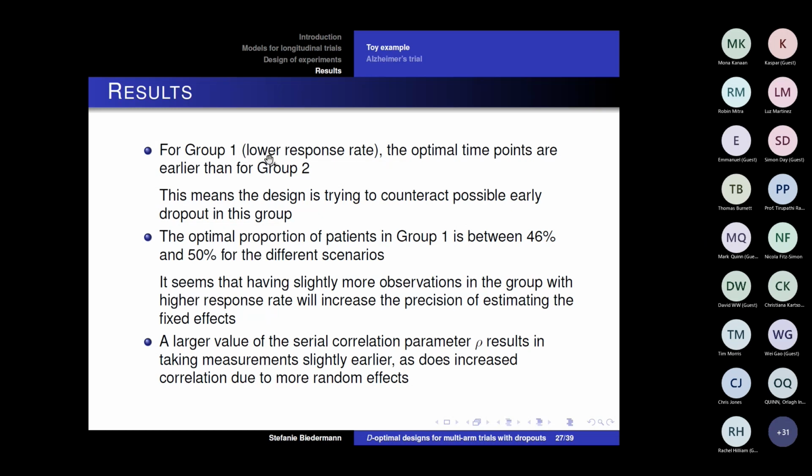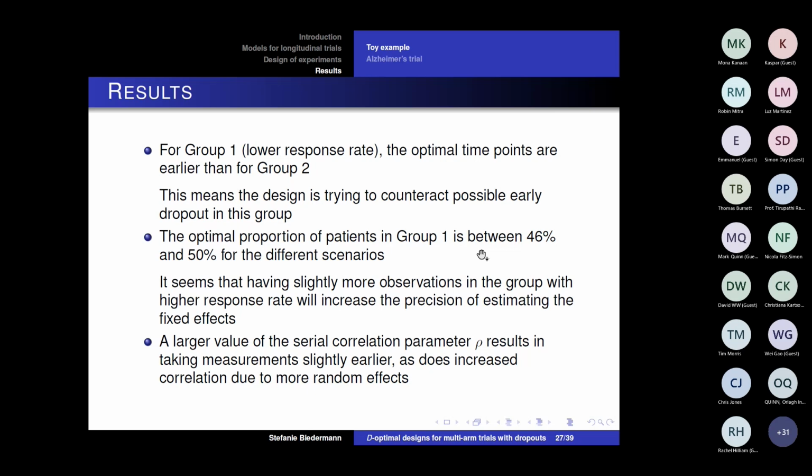So for group 1, where we have the lower response rate, the optimal time points are earlier than for group 2. So it seems the design is trying to counteract possible early dropout in this group, which makes sense. We then also looked at proportions of patients in the group, which you could not have seen in the graph. But for all the different cases, the optimal proportion of patients in group 1 was between 46% and 50%.